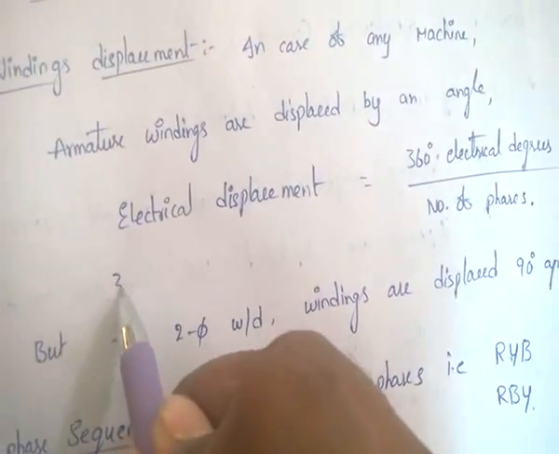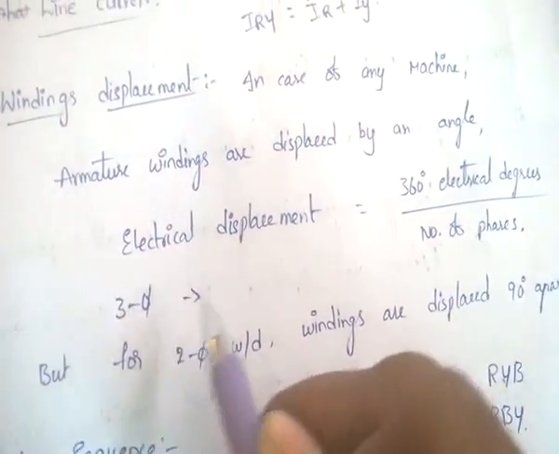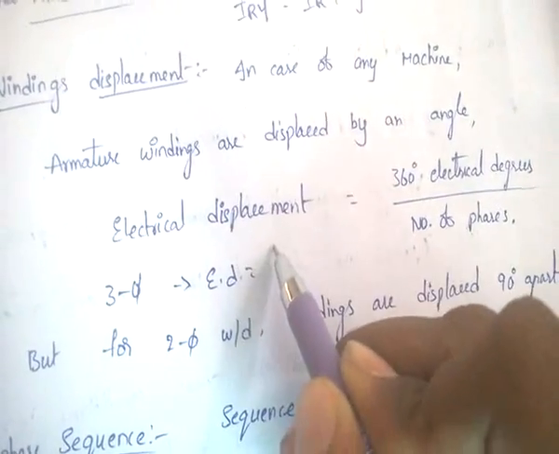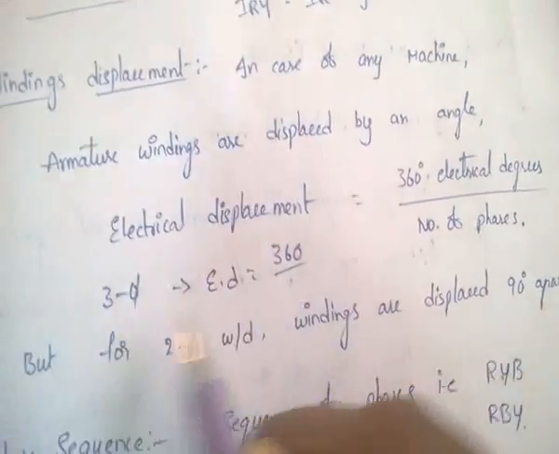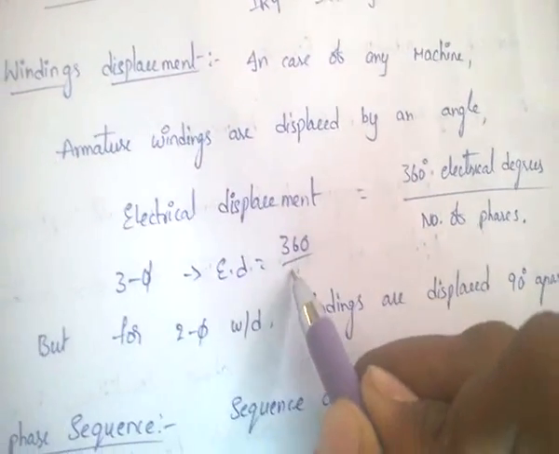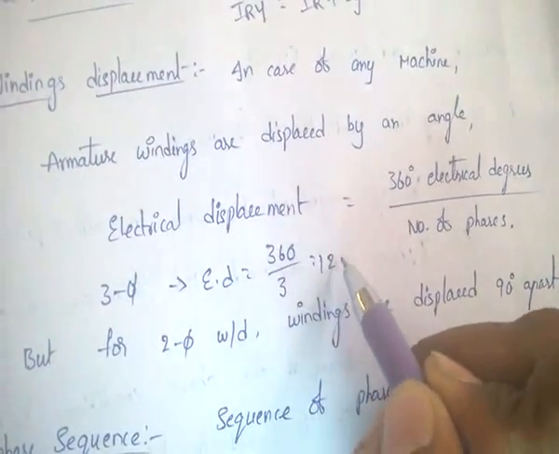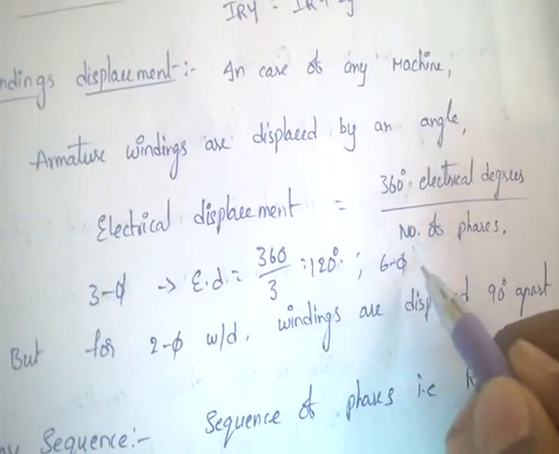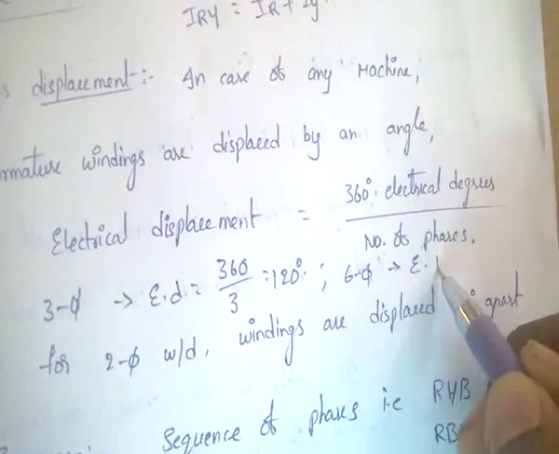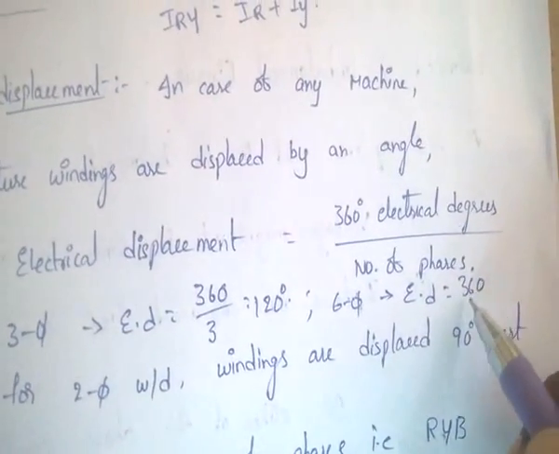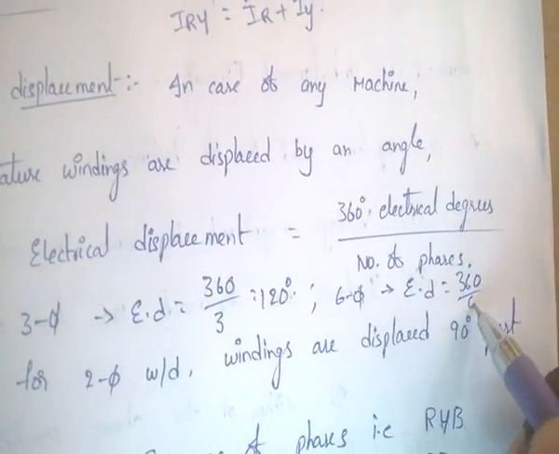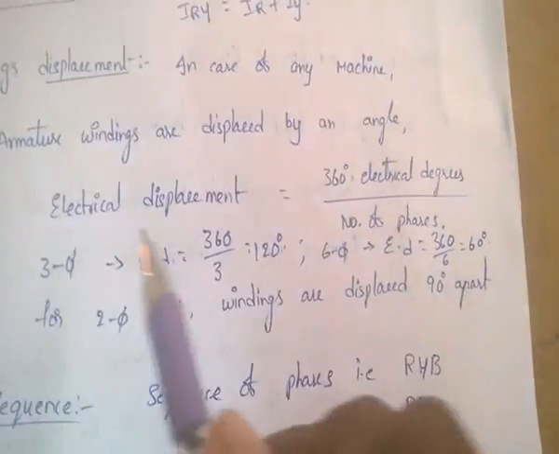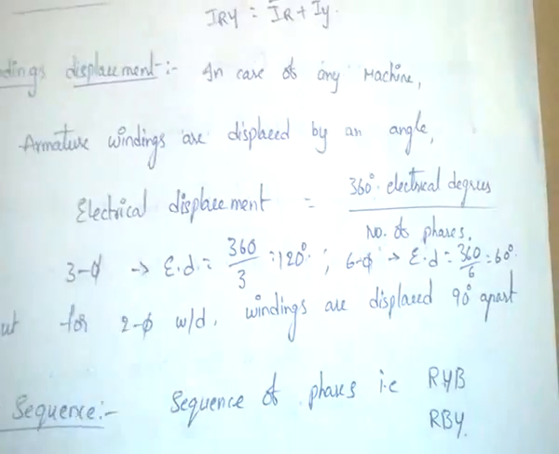For three phase, the number of phases is 3, so it equals 120 degrees. For 6 phase, it is 360 by 6, that is 60 degrees apart. In this way the windings are displaced.